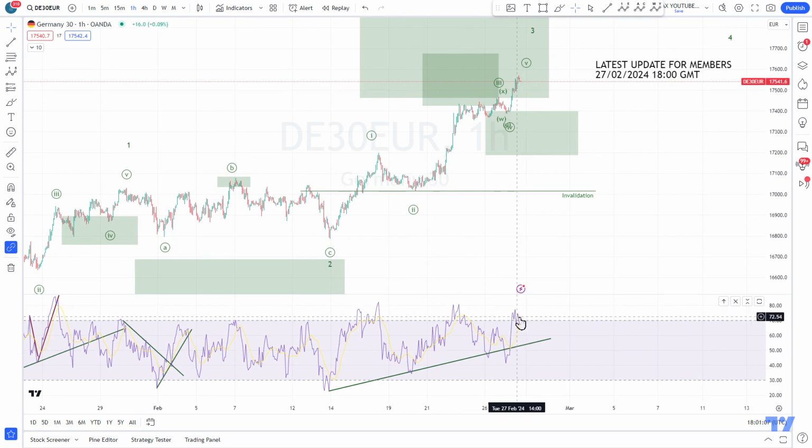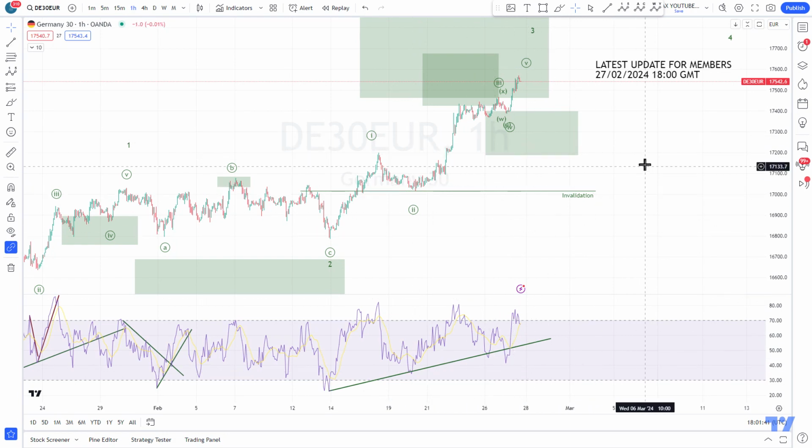Actually, we see divergence right here, so that would be a plausible fifth wave. And we also see a break of this RSI trend line, so this could be a fourth wave. However, the break is not really deep. Normally what we see is that this fourth wave, if it breaks the RSI trend line, goes deeper, even taking out the wave 2 RSI reading.